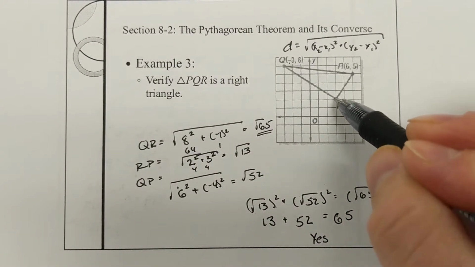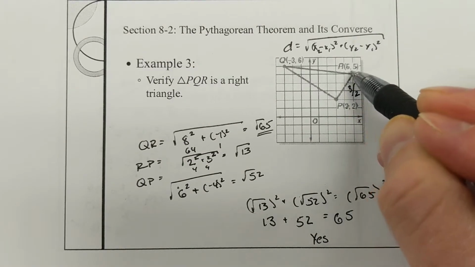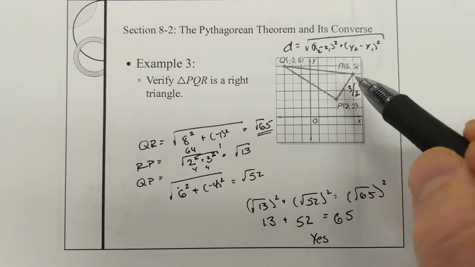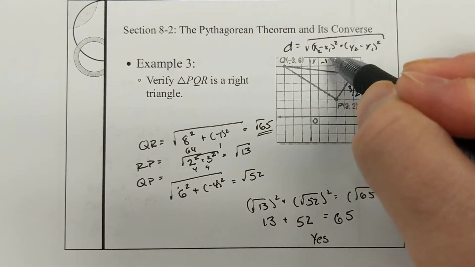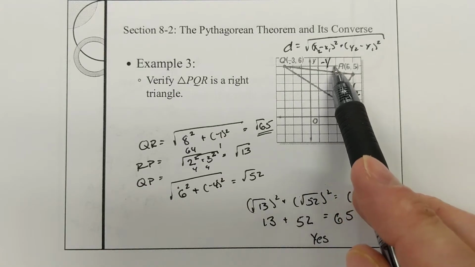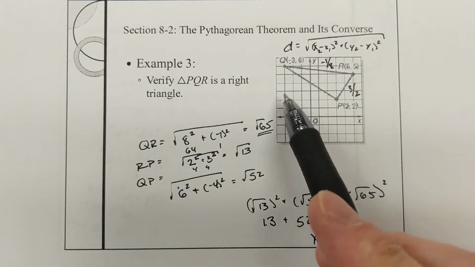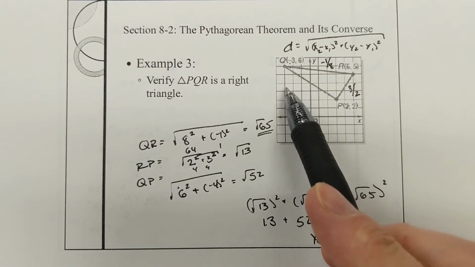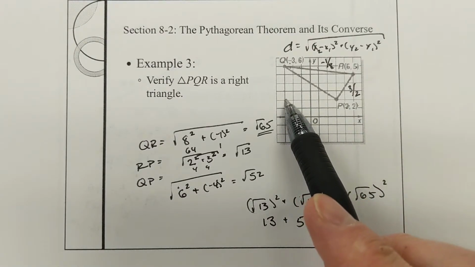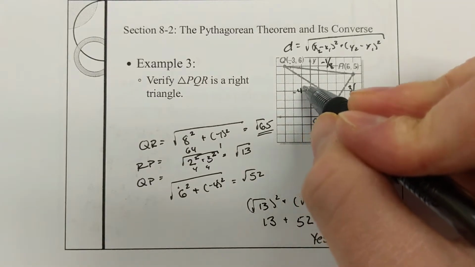So the other way to do it would actually be to look at the slopes. From P to R, the slope is 3 over 2. From Q to R, it's negative 1 over 8. And from P to Q, it's negative 4 over 6.